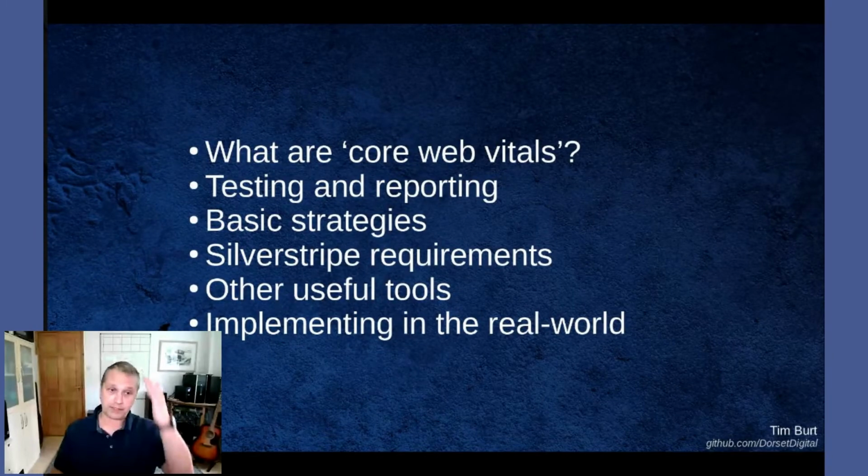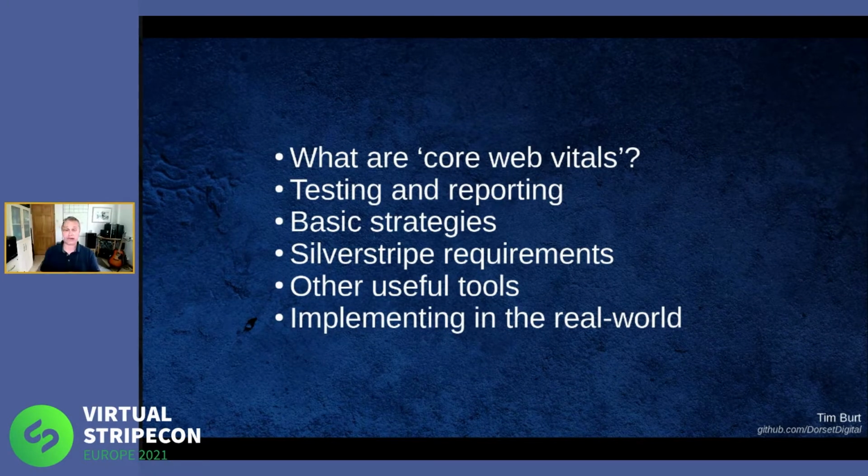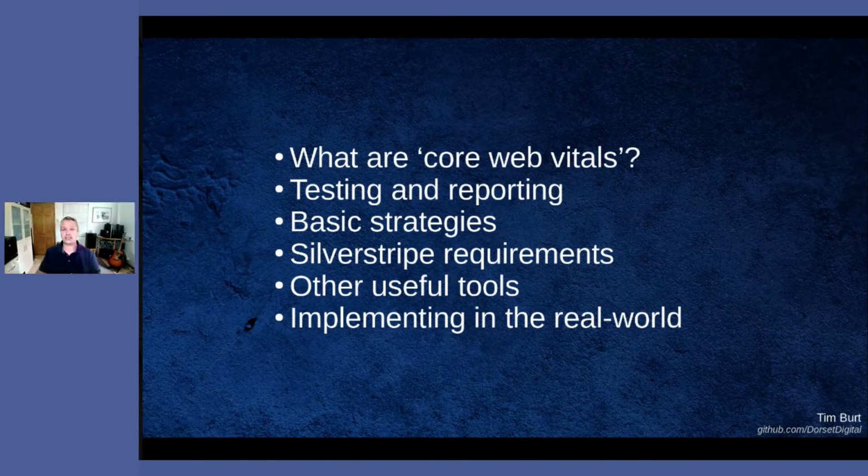So what we're going to cover today, very briefly, are the basics of what this is all about and why it matters. You'll find it's all very Google-centric. Google is the driving force behind all of this, and whilst that has its pros and cons, what we found in the real world is that this does make a real difference to a real user.